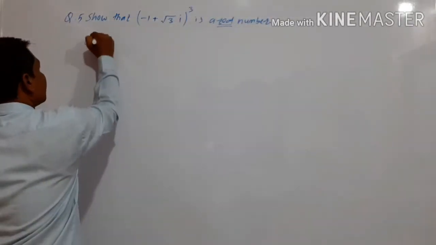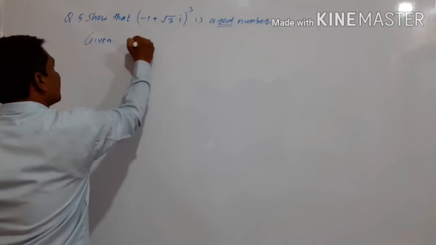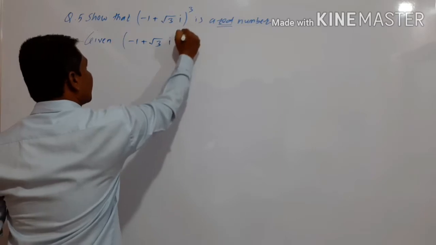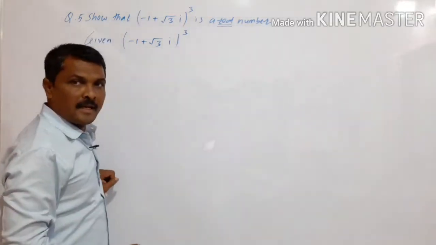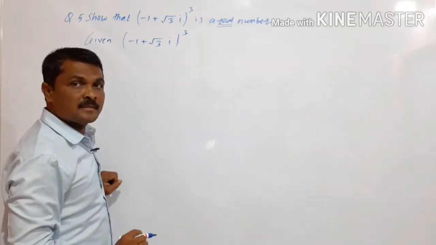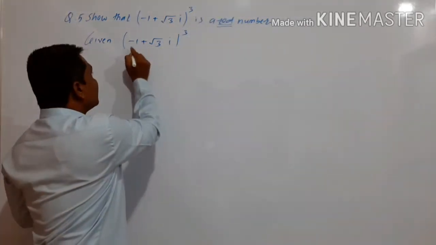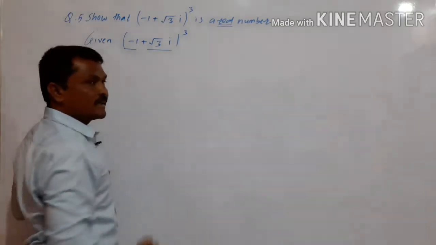What is given? (-1 + √3i)³, and we have to prove that it is a real number. Look in the bracket, how many terms are there?